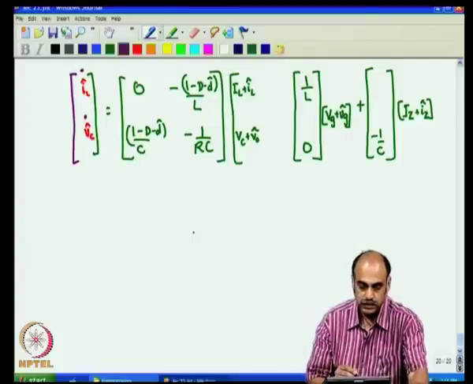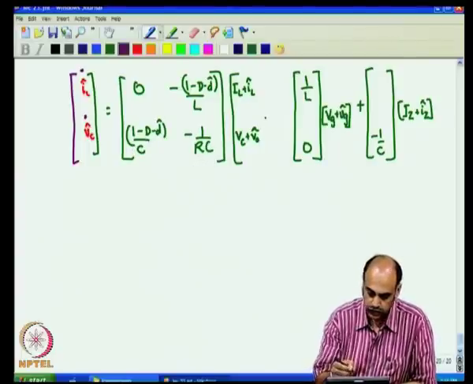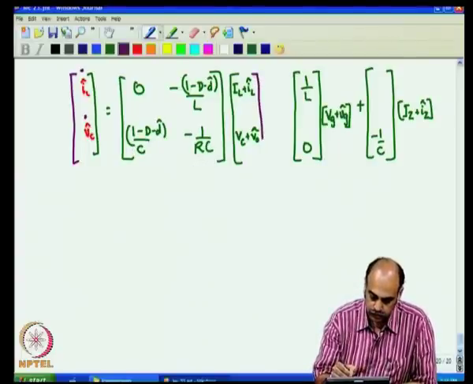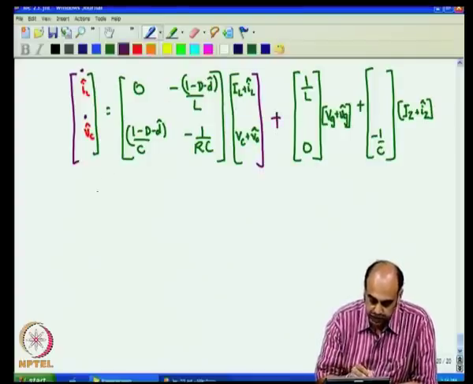Now, the operations that we shall perform on this is very simple. We split these matrices.